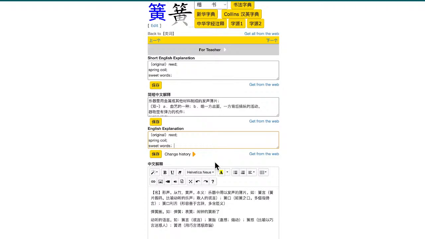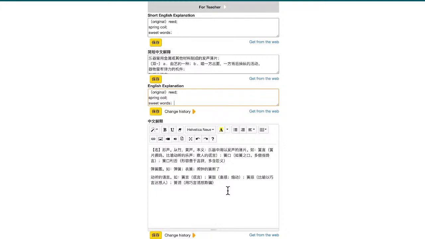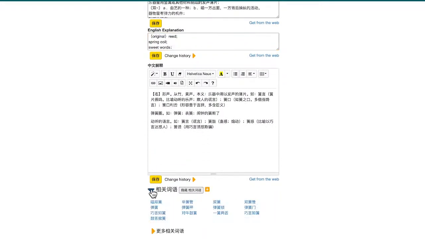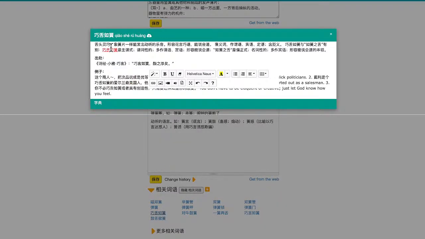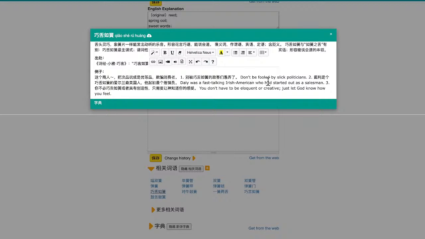Okay, sweet words are called 簧. 巧舌如簧. That's the idiom. 巧言如簧. 巧舌如簧, like this one. It's an idiom, like a slick proposition, a politician, things like that.